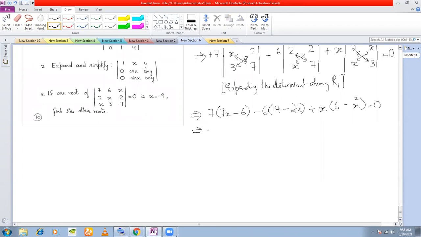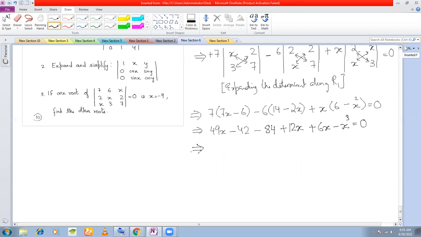Now you simplify this, you get 49x minus 42, minus 84, and plus 12x, plus 6x minus x cube is equal to 0.